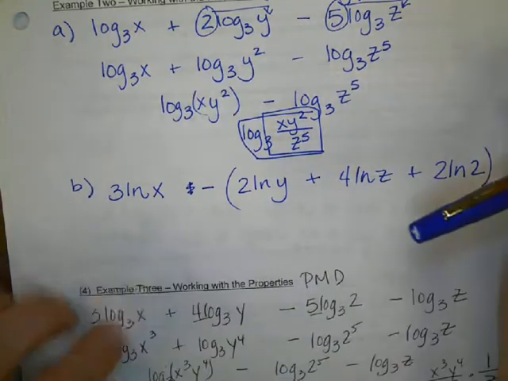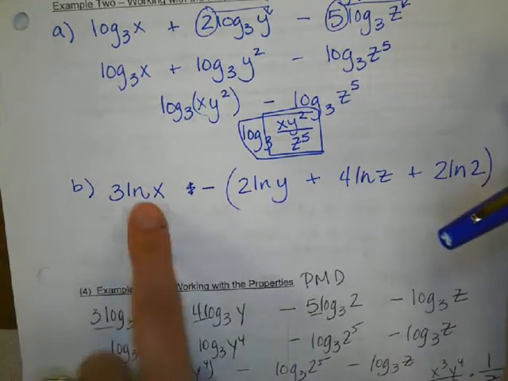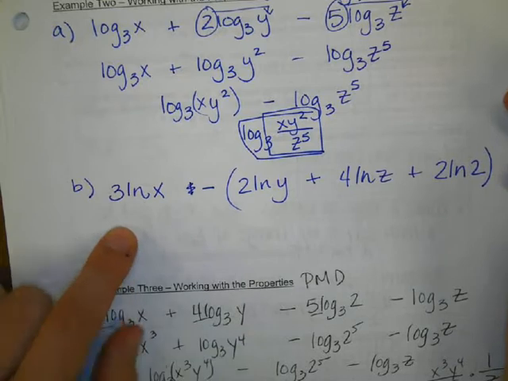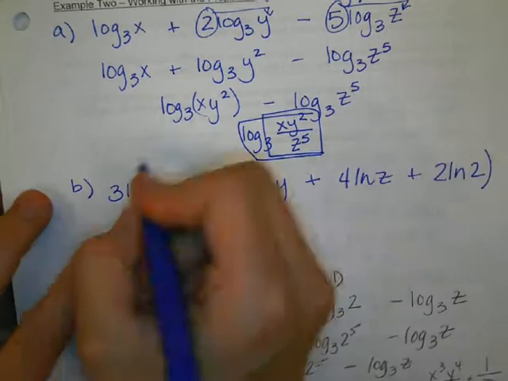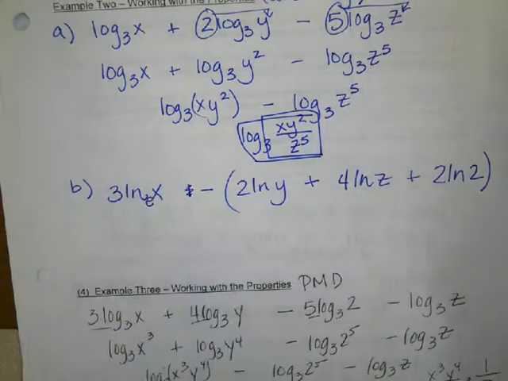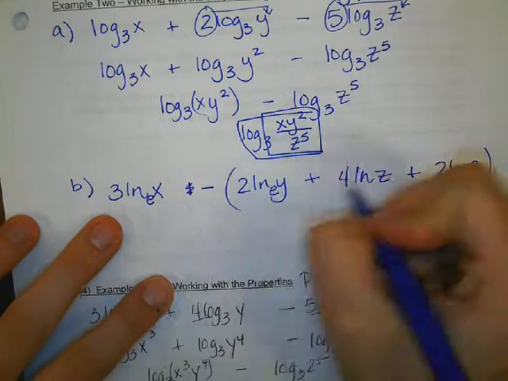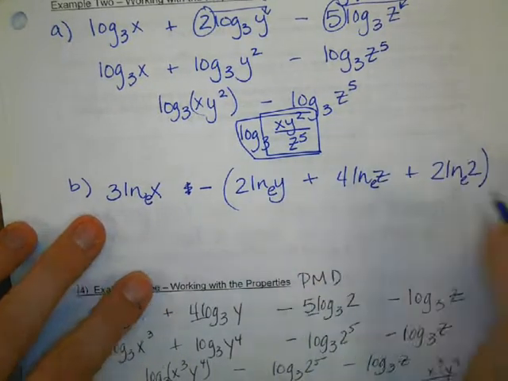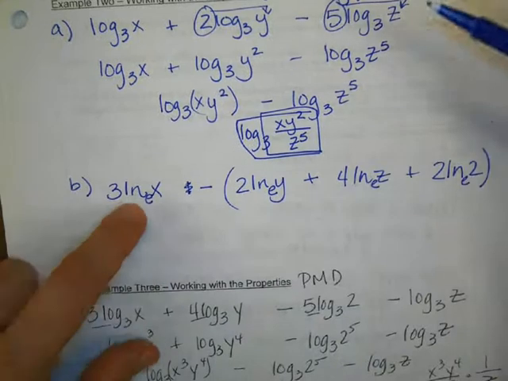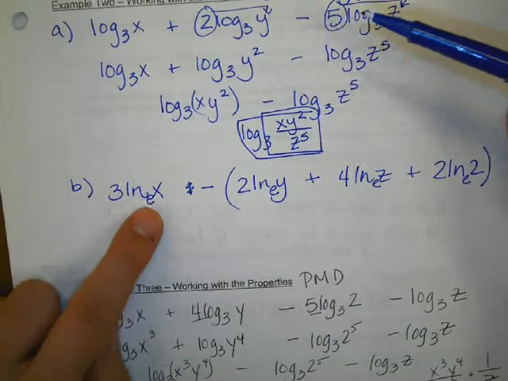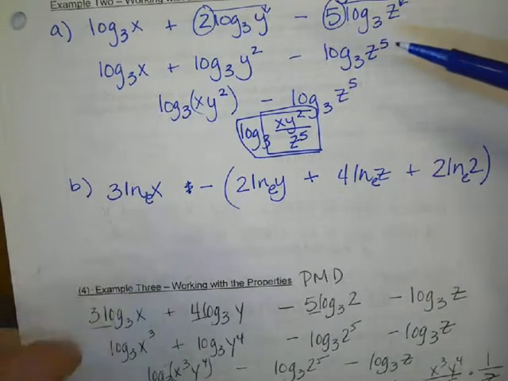So ln, notice there's no base here, but that's because ln stands for the natural log. So the base of the natural log is the natural base that we've already talked about, which is e. It's never written in. You just know that when you see ln, e is the base there.